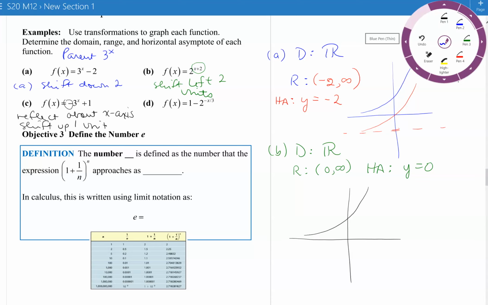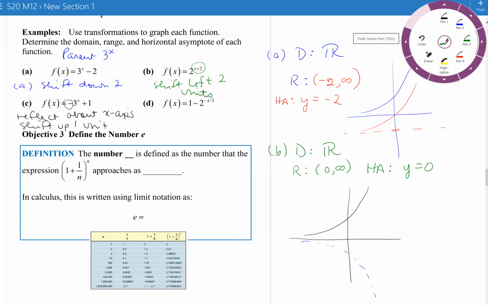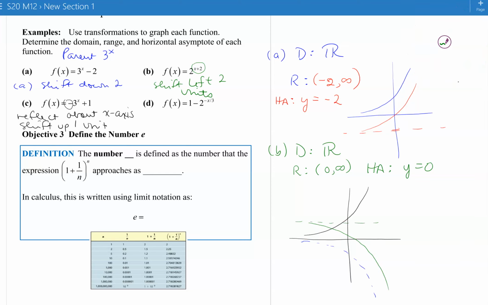We're going to reflect it about the x-axis and then shift it up 1. So here's the new horizontal asymptote, y equals 1. Domain doesn't change, but the range now is from negative infinity up to 1.